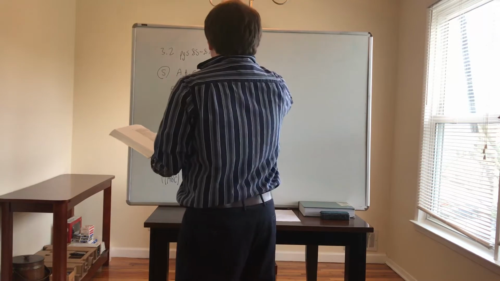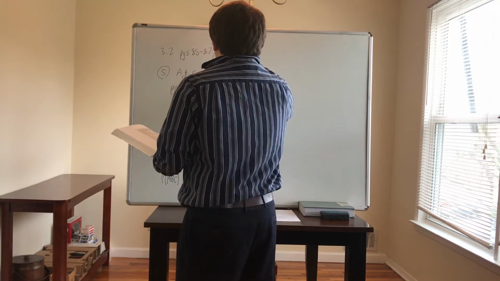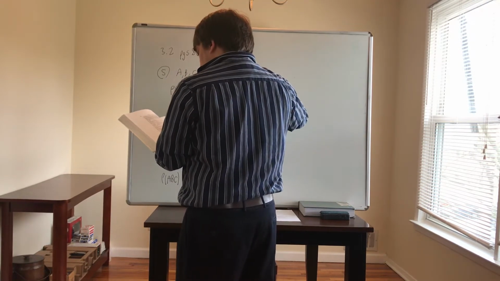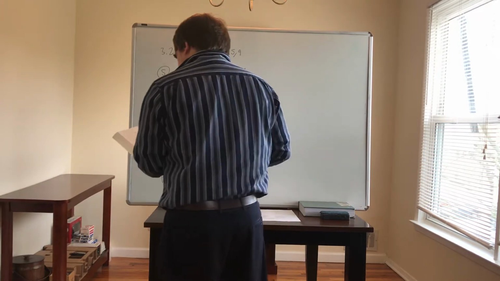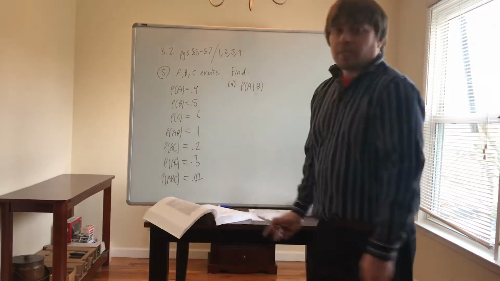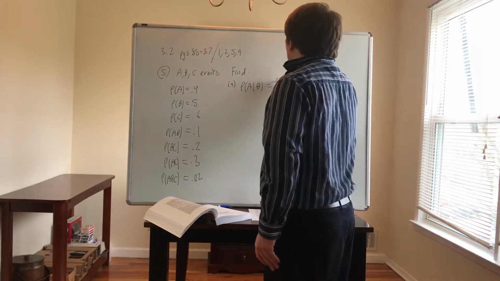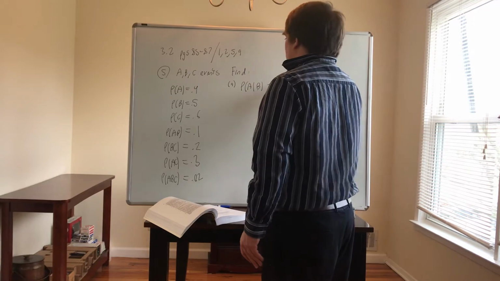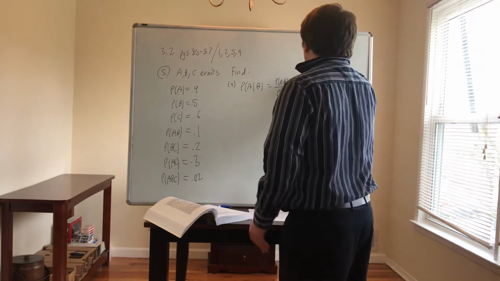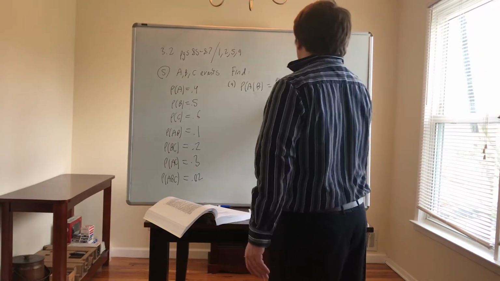The goal in part A is to find the probability of A given B. That's the probability of A and B over the probability of B. Probability of AB is 0.1 divided by the probability of B, which is 0.5.